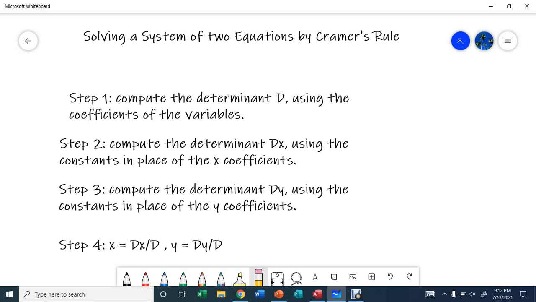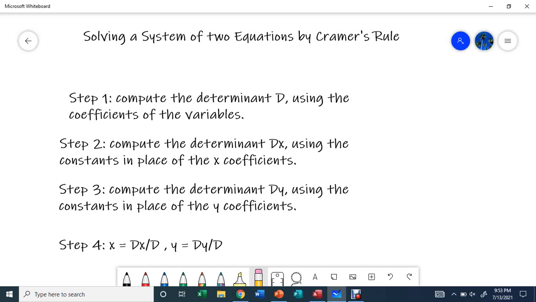So Cramer's rule to solve a system of two equations has three steps. In the first step, you need to compute the determinant D using the coefficients of the variables. In the second step, you need to compute the determinant Dx using the constants in place of the x coefficients.